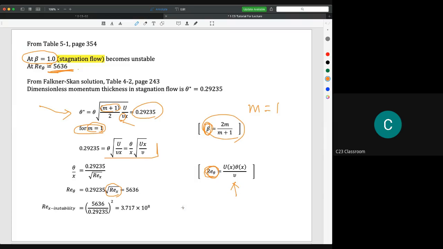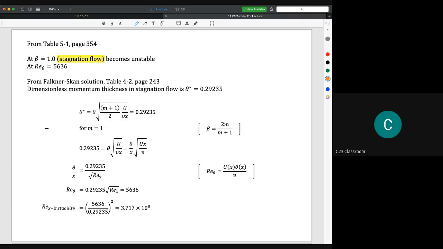So we know that Reynolds theta is equal to u times theta over nu. From here, if we rearrange the equation into theta over x, we could substitute this term into this term, and you could write it as this one: 0.29235 over Reynolds.